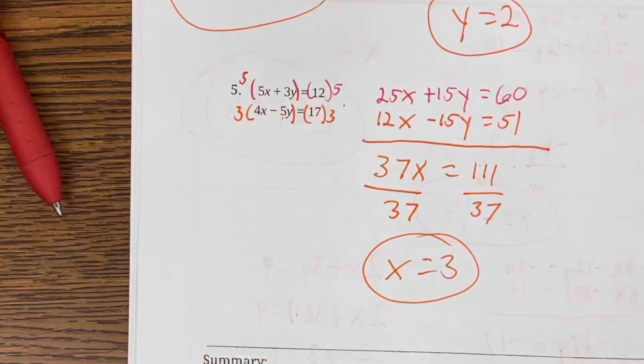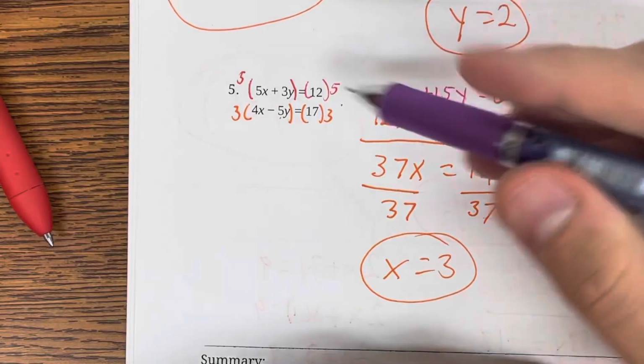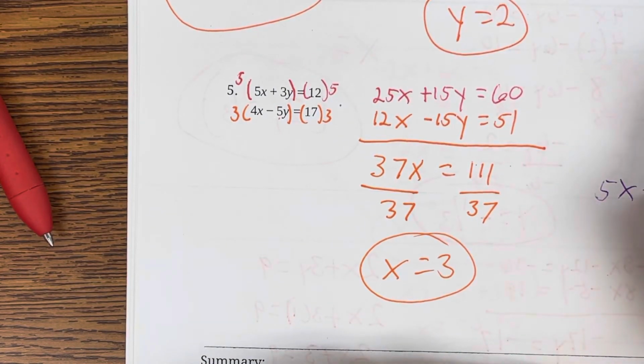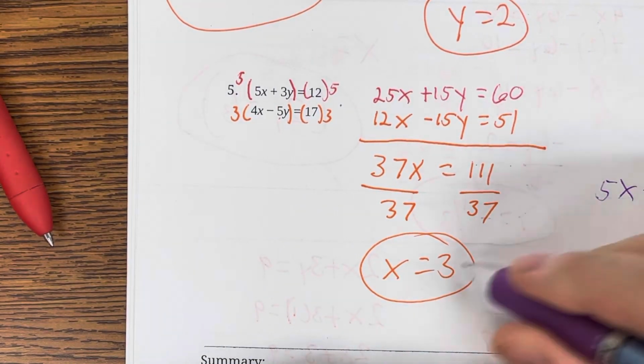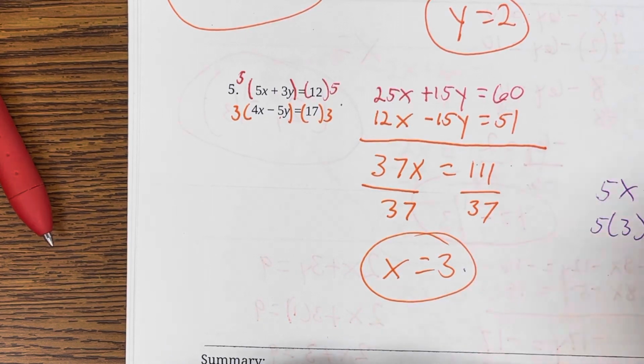Now we are going to substitute it back into one of the equations to find y. I'll substitute into the top one again. 5x plus 3y equals 12. Put x in. 5 times 3 plus 3y equals 12. X is 3. 15 plus 3y equals 12.